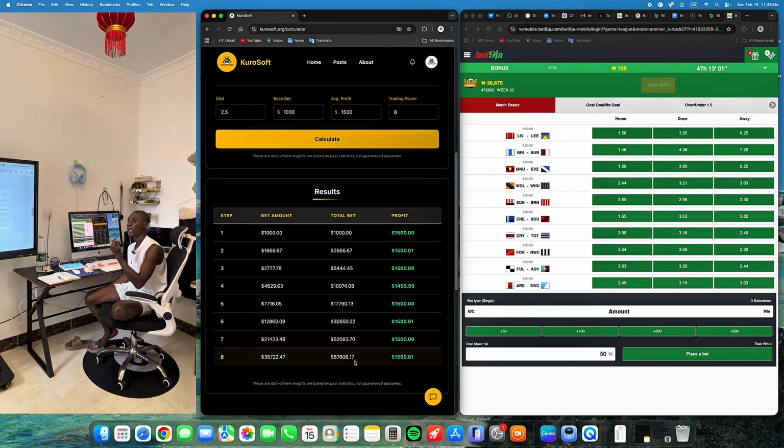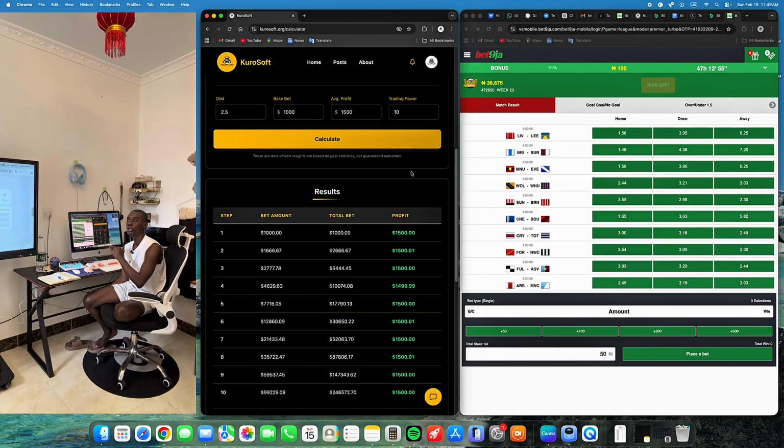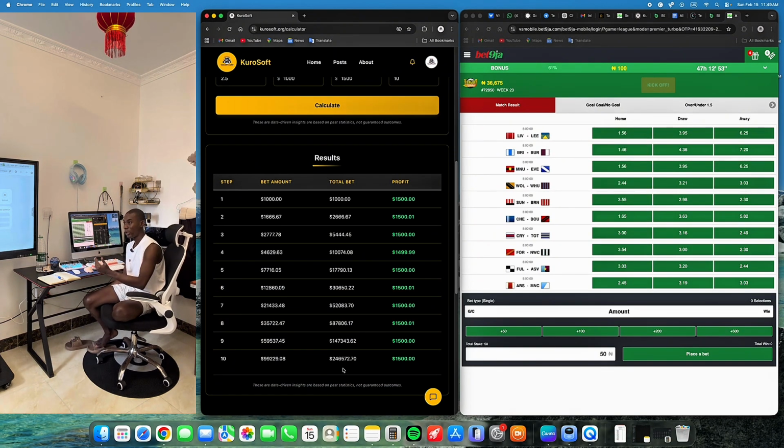Now what happens if we extend this to 10 times? You will need 246,572 naira to keep you safe just for the 10 times, which is still fair.